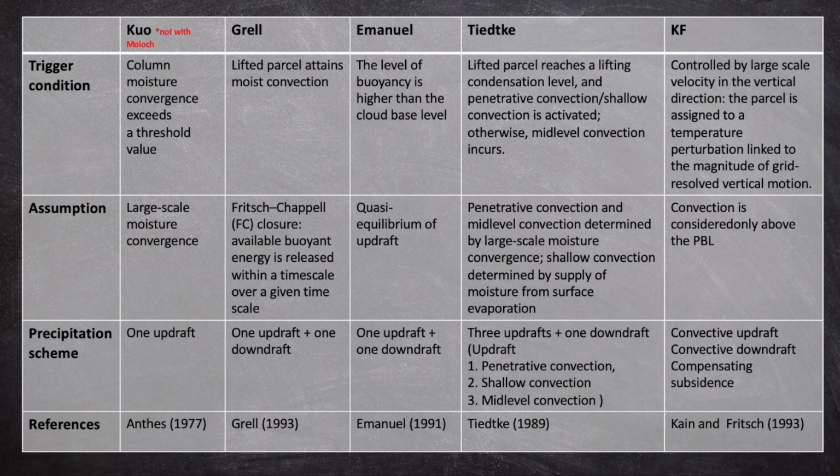And then we have the Cambridge scheme, in which the convection is controlled by large-scale velocity in the vertical direction, and it also has a convective updraft and downdraft, and also includes the compensating subsidence.